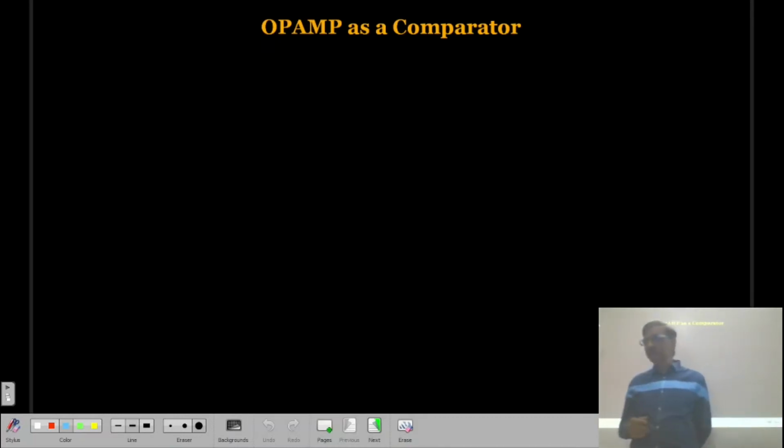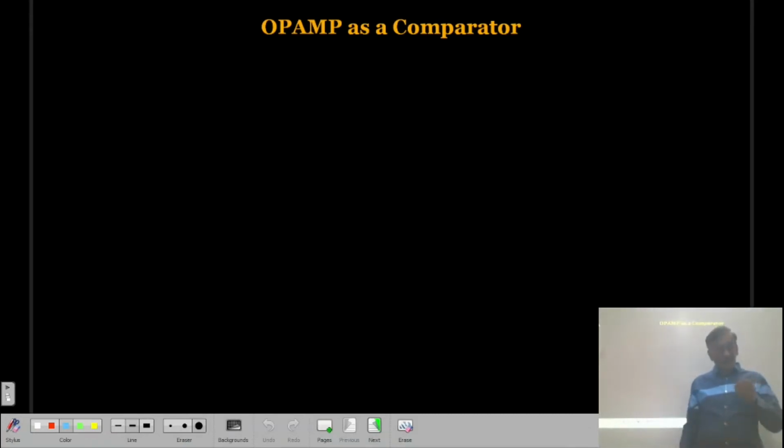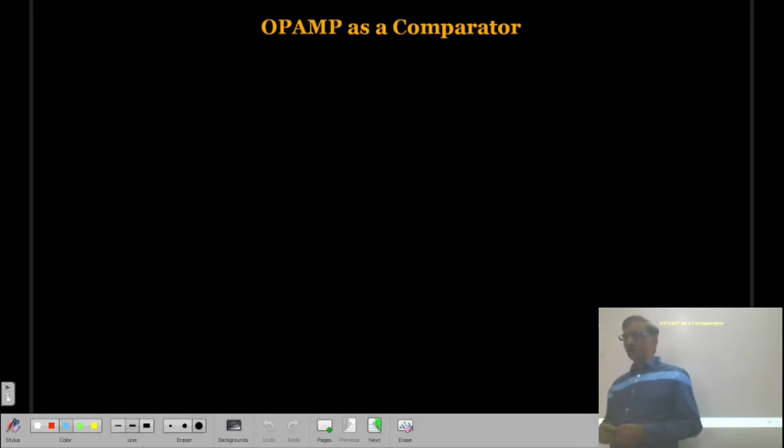For sensing the intensity of the light, we can use a photodiode, phototransistor, or an LDR. The output of this LDR or photodiode is compared with some voltage, and accordingly the bulb of the room is turned on and off.